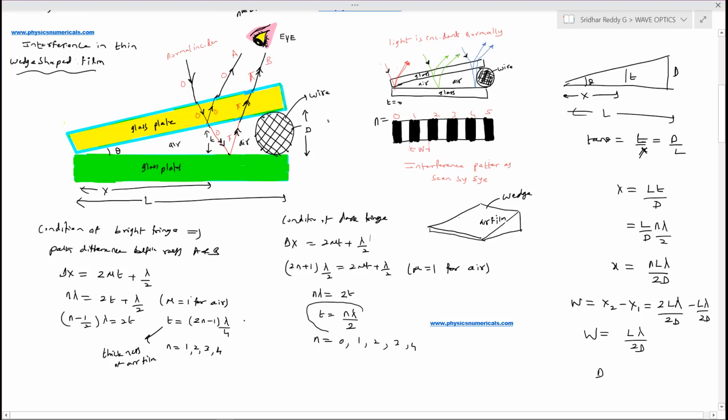So now, do we know L? Yes, I know the length of the glass plate. I know the wavelength of incident light. Then I know the fringe width. How do I calculate the fringe width? Yes, I'll take help of the traveling microscope.